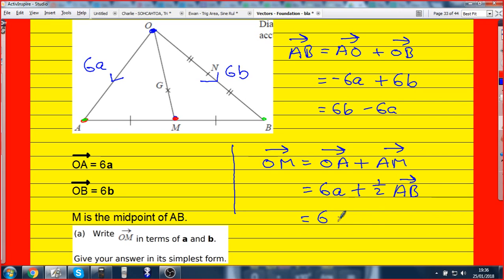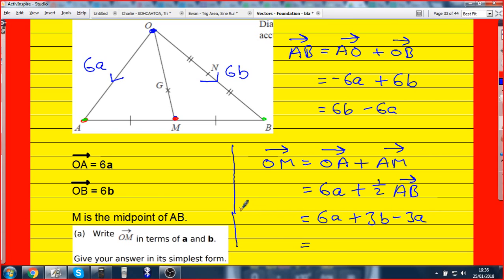So we had 6A, and it's plus 3B minus 3A. And so what's our final answer? Anything you can simplify there?